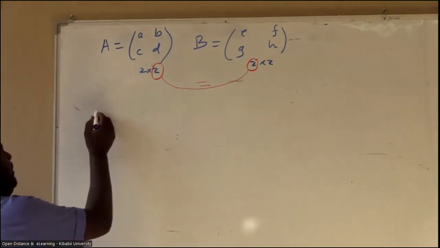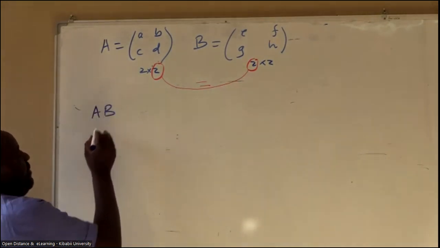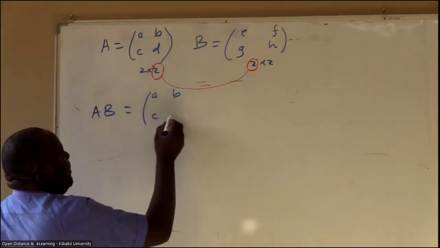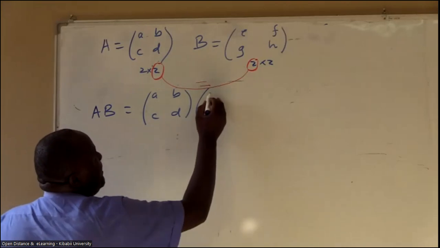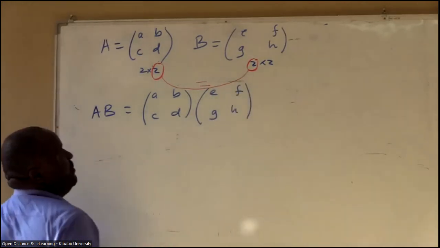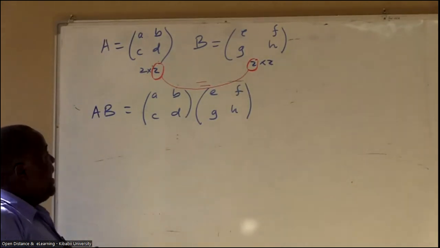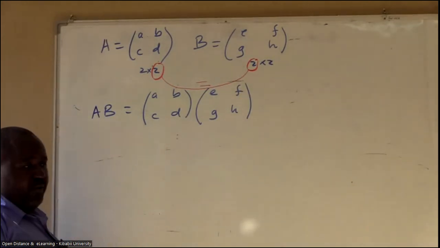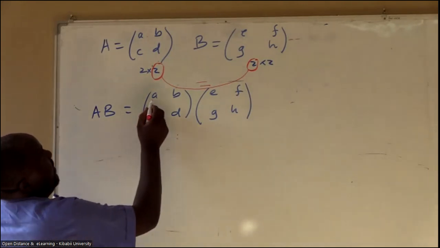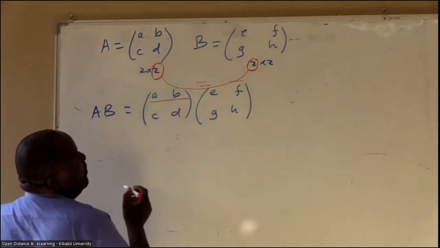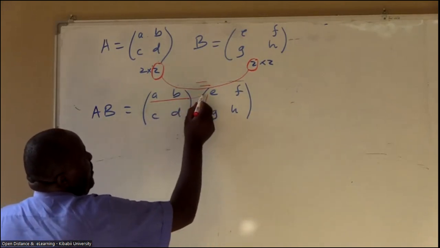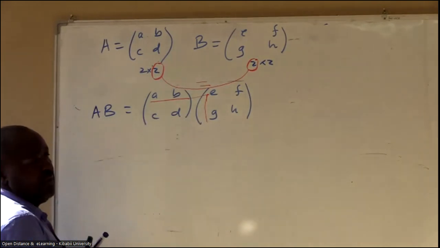The matrix product AB will be given by the product of A, B, C, D times E, F, G, H. Let us be very careful. We are going to use the first row and the first column.